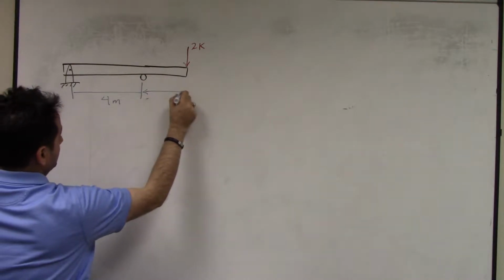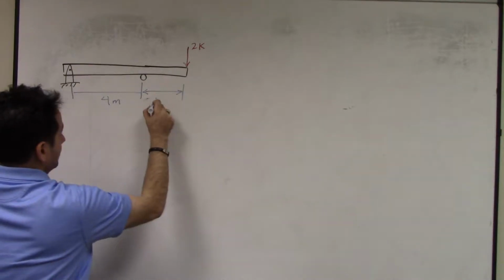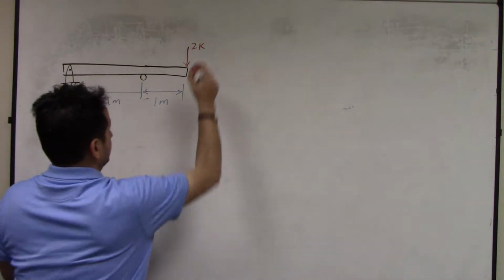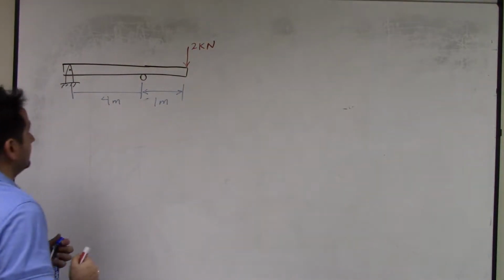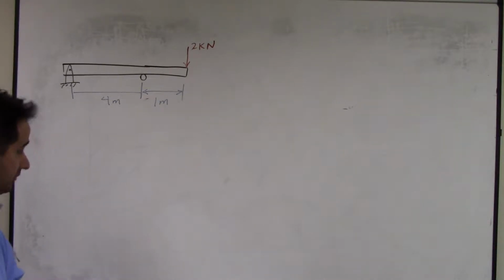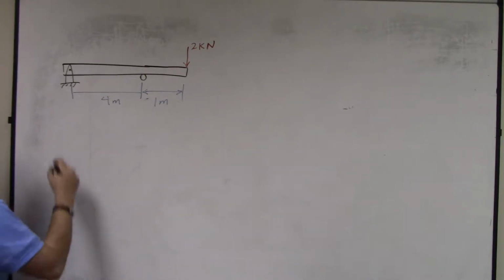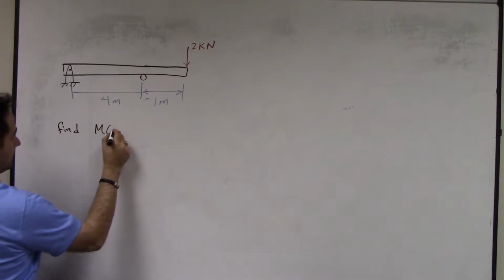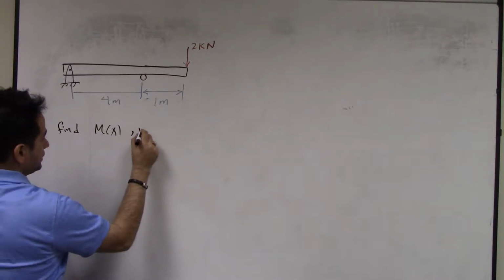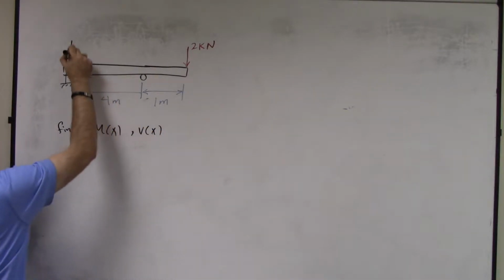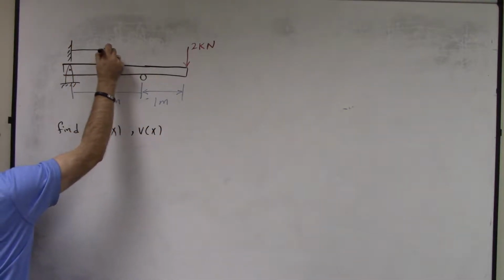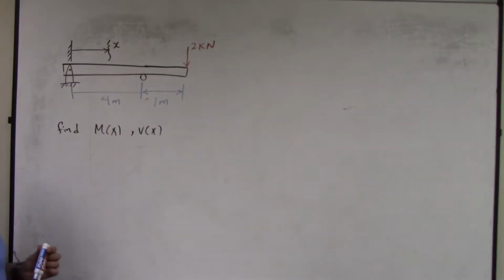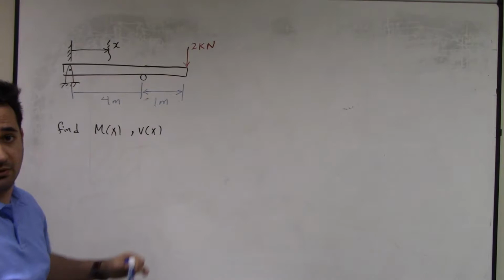From here to here is 1 meter, and that's 2 kilonewton. Now the question is: find the moment and shear versus x, where x is a location from the left, or it can be from the right.